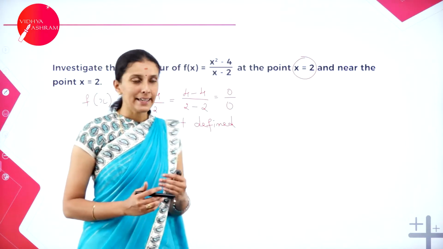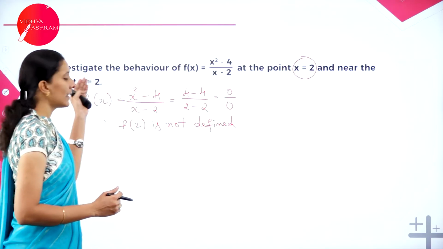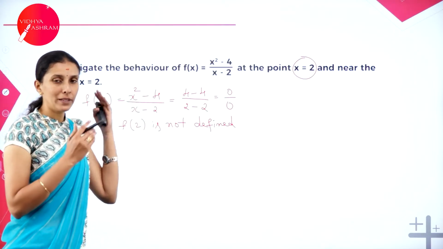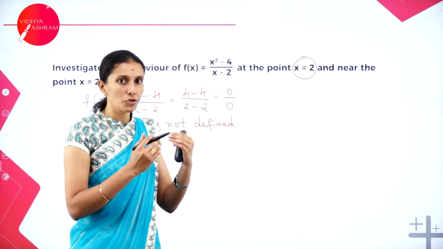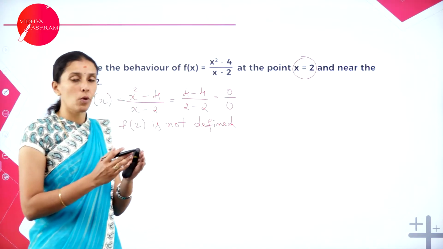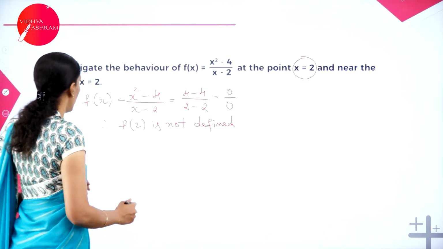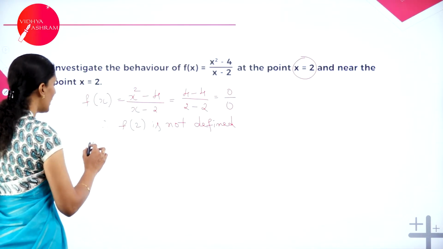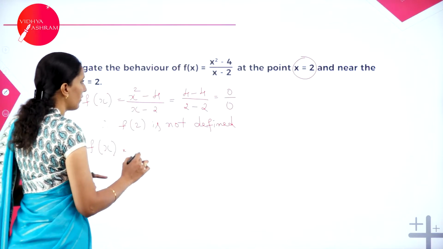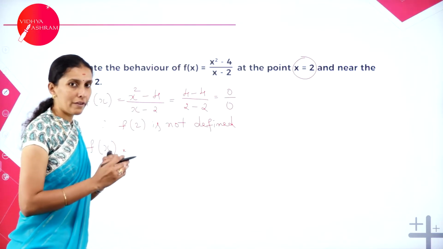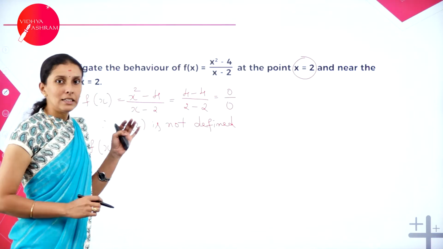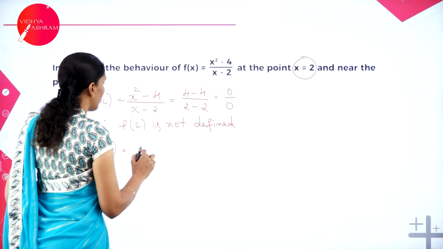Now, let us see for the points nearer to 2. Nearer to 2 means like 1.999 or 2.001, almost equal to 2 values. Let us see whether the function exists or not. Now, before that, the function is an indeterminate form. So, whenever the function is an indeterminate form, just convert so that the value gets cancelled.